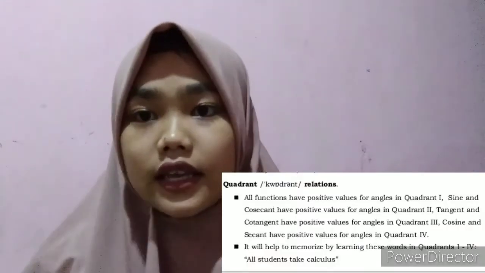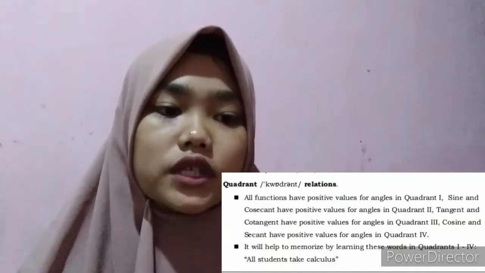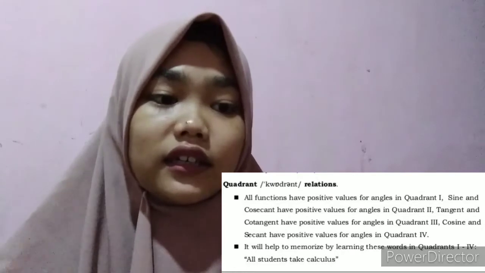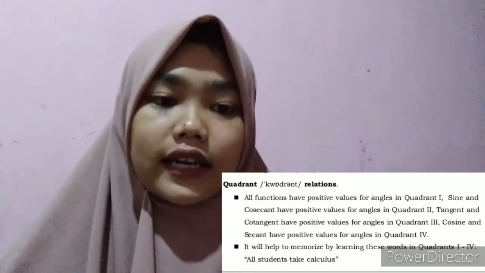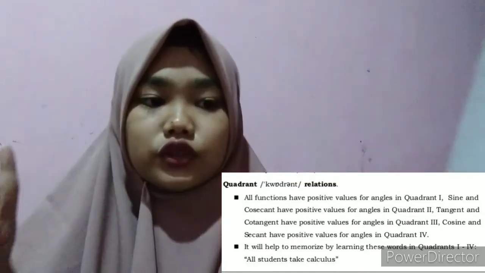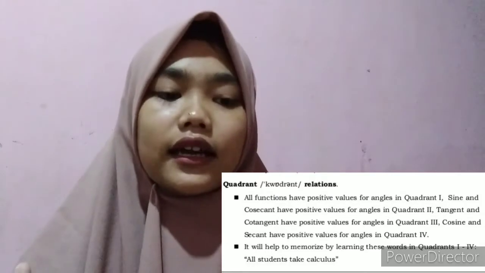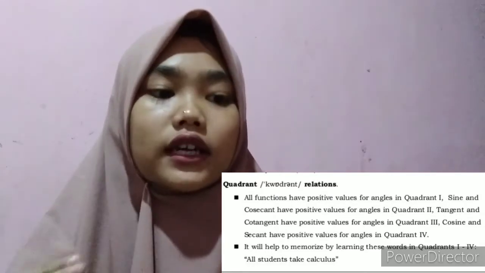Okay, the next, quadrant relations. All functions have positive values for angles in quadrant 1. Sine and cosecant have positive values for angles in quadrant 2. Tangent and cotangent have positive values for angles in quadrant 3.